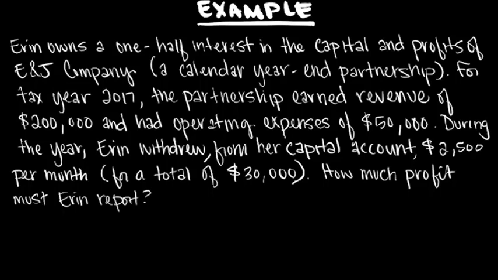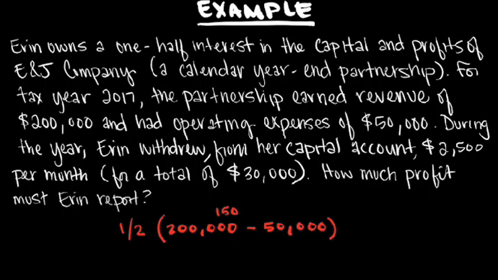So to determine this, we have to take into consideration how much Erin owns of the company. So 1/2. So we do know that of all the income and expenses and such, she only gets 1/2 that she has to report on her tax return. Now the company made $200,000, but the company gets to deduct the operating expenses of $50,000.